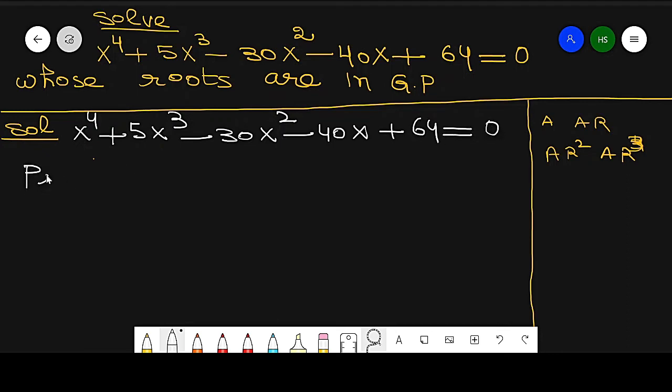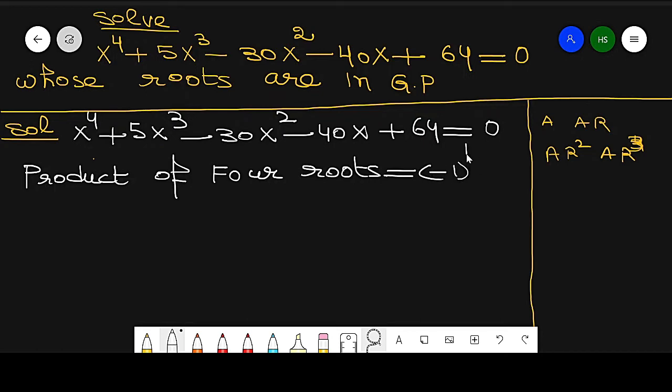Now by using the Vieta formula, the product of four roots, because it has four roots, is minus 1 raised to power 4, 64 by 1, so this is 64. So the product of four roots is equal to this.